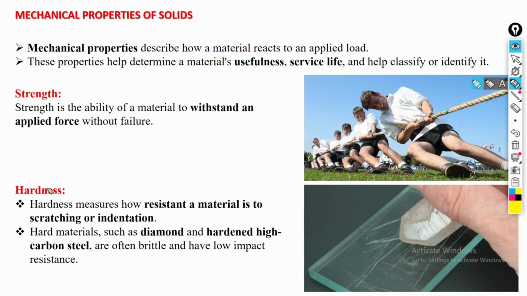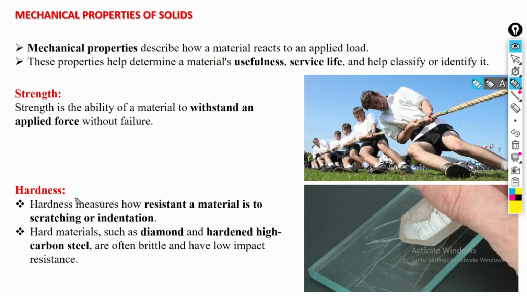From here we conclude that hard materials are those which have the ability to resist external scratching. If the material is more resistant to scratching, then it is a hard material, and a hard material must be more brittle.